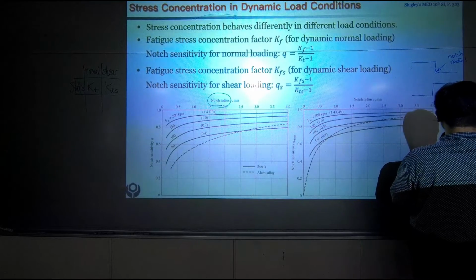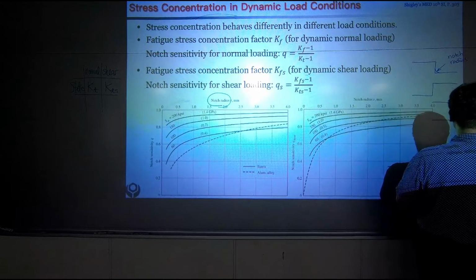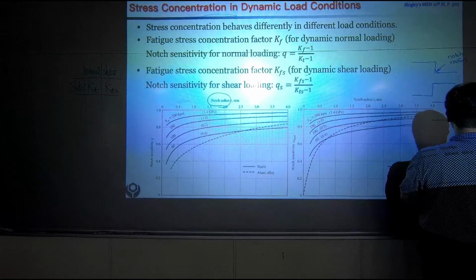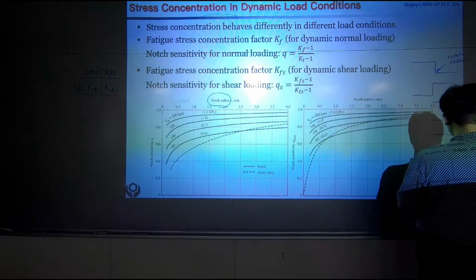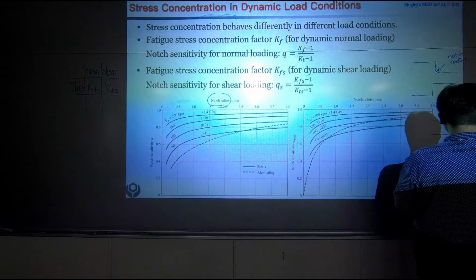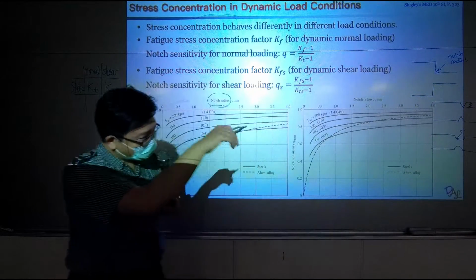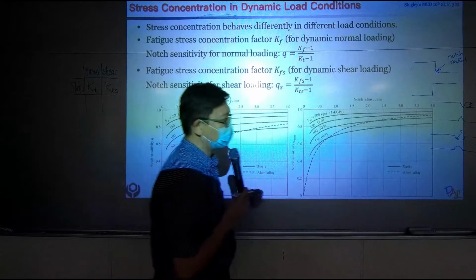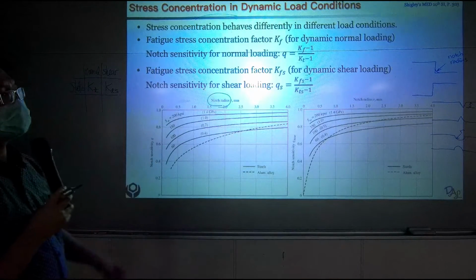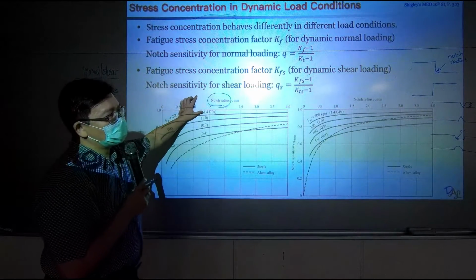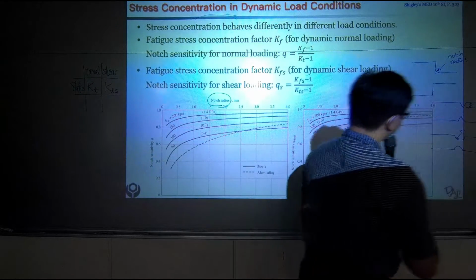If you have a notch like this, and since it's not rounded, maybe you can use this distance as your radius. Or if you truly have a shape like this, then definitely the radius of that circular notch, that rounded notch, could be used in this table. So basically, it's trying to study the size of the notch.